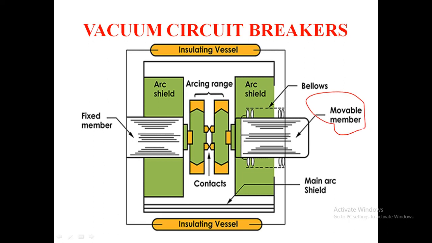It is connected to the control mechanism by a stainless steel bellows, which is presented here. This is my bellows. It permits the sealed construction of the interrupter. They are covered by the protective shield. This is your protective shield.